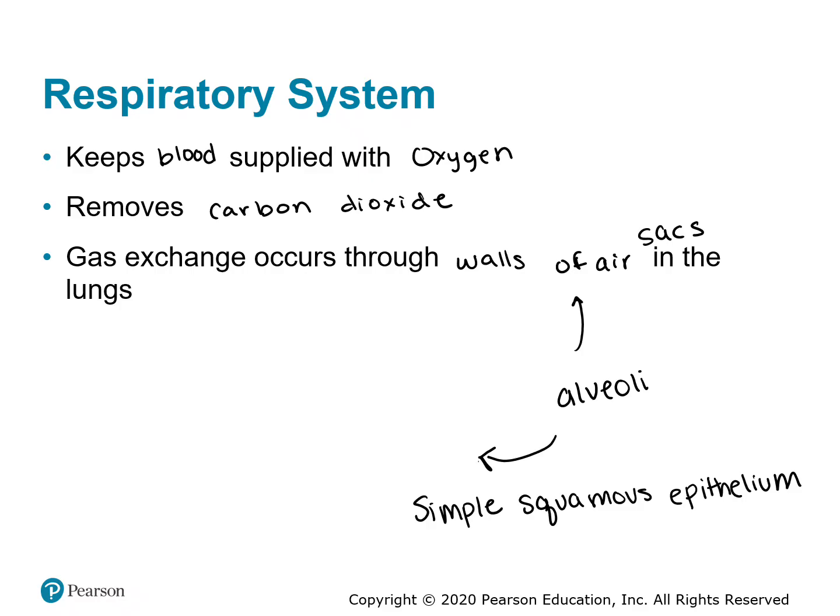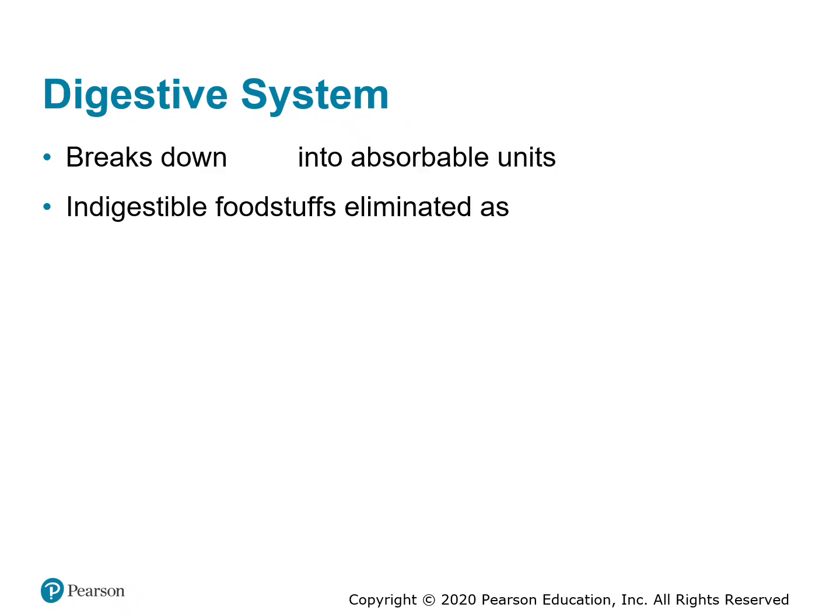Okay, that simple squamous epithelium. It's okay if you don't know that right now. You will. I said with a slightly threatening grin. You will. Okay? So that's the respiratory system.